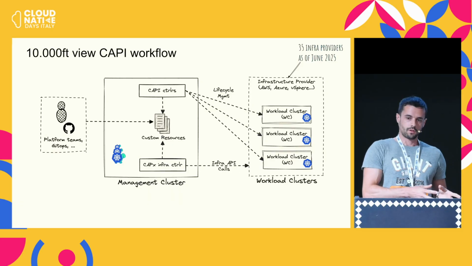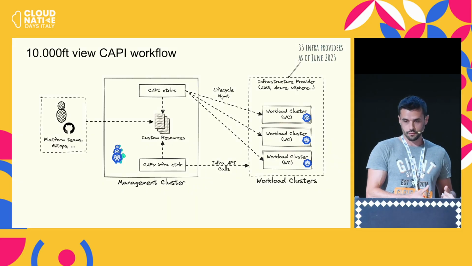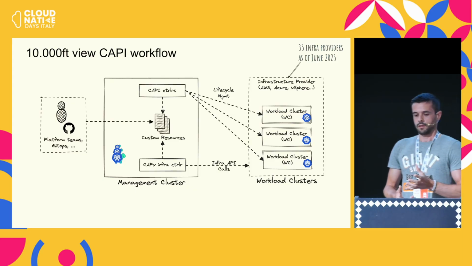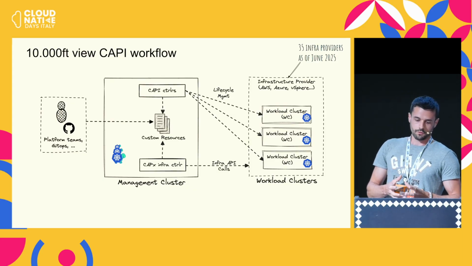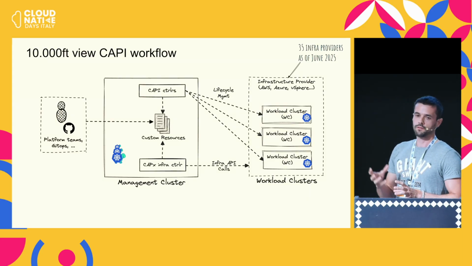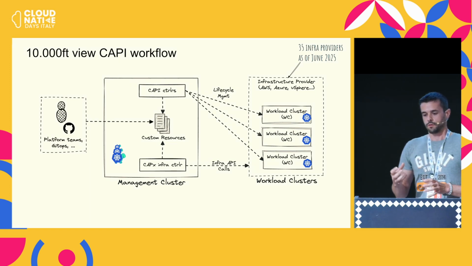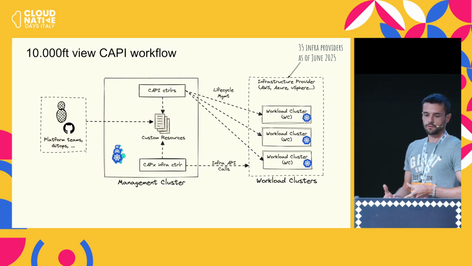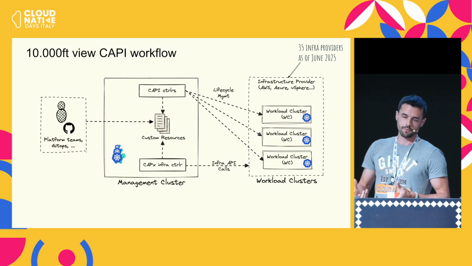Cluster API is going to watch some custom resources, which are associated with the operator, and the infra controller is going to reconcile these things on the infrastructure. The goal is, from the management cluster, to create workload clusters. Workload clusters are where our business logic and our apps are going to run.